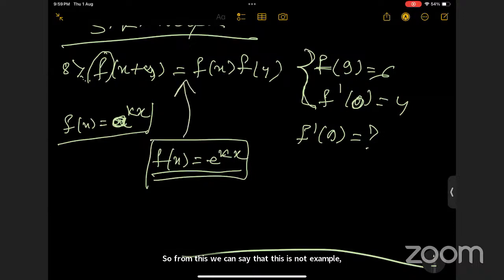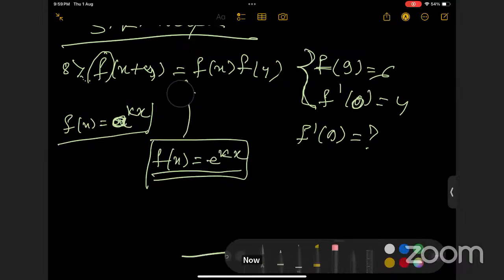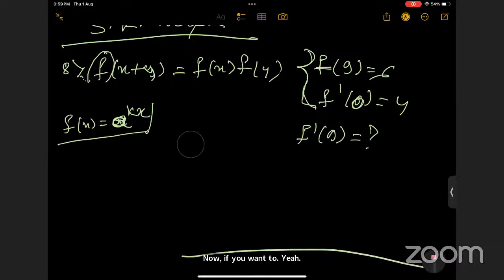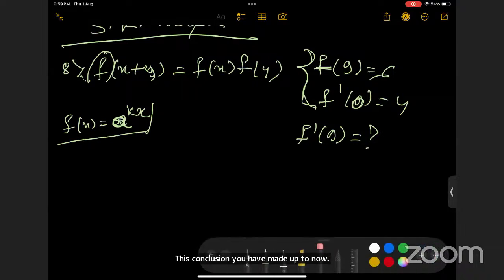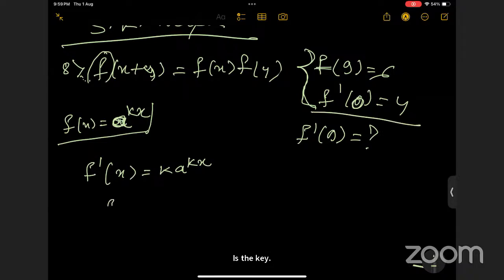Now, if we want to take some a power kx, this is also a possible case. If we just do the derivative, it will be again k a power kx. We don't know what k is. So here we have this condition: f dash 0 equals 4.